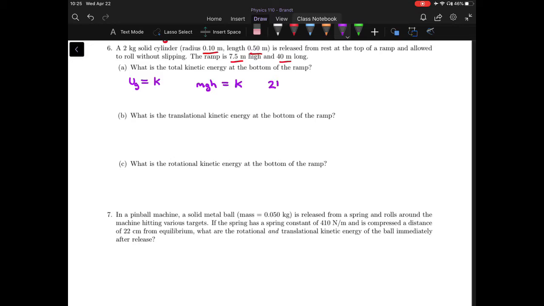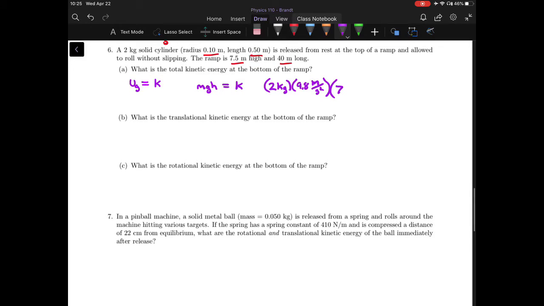If we plug in our specific numbers, we have 2 kilograms times 9.8 meters per second squared times the height, which is 7.5 meters. And if we figure all of that out, we should come up with 147 joules of kinetic energy at the bottom.